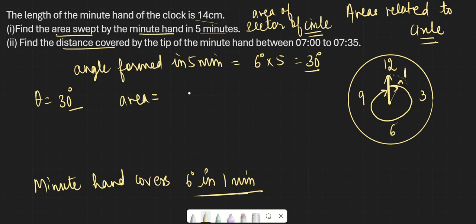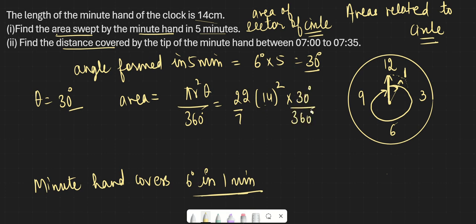To find the area, we'll use the formula pi r square theta by 360. Pi I'll use as 22/7. The length of the minute hand is the radius, 14 square. Theta is 30 degrees, divided by 360 degrees.